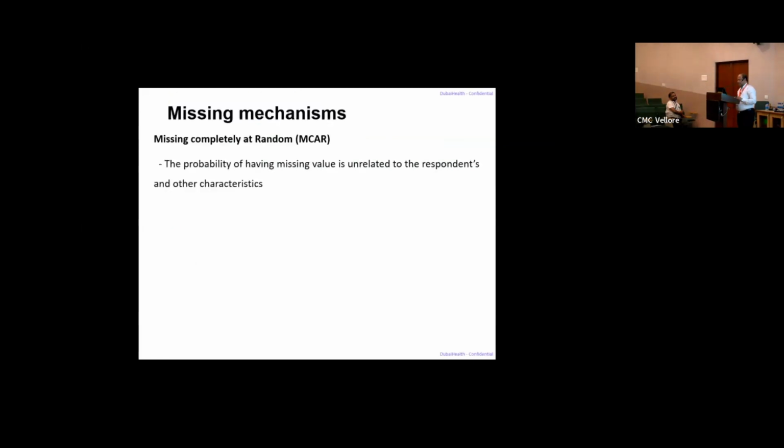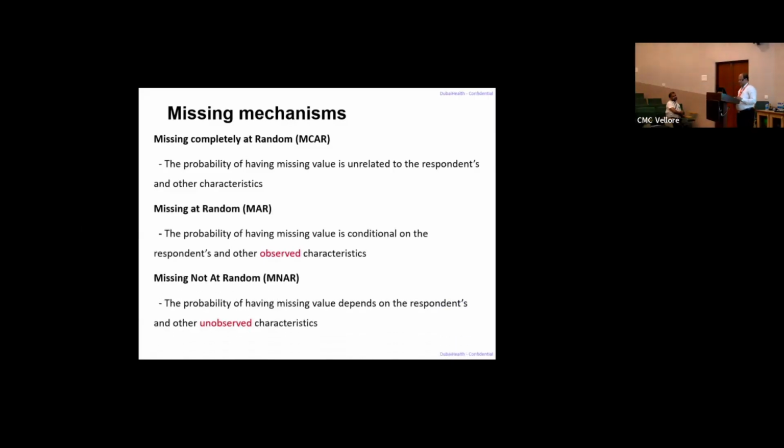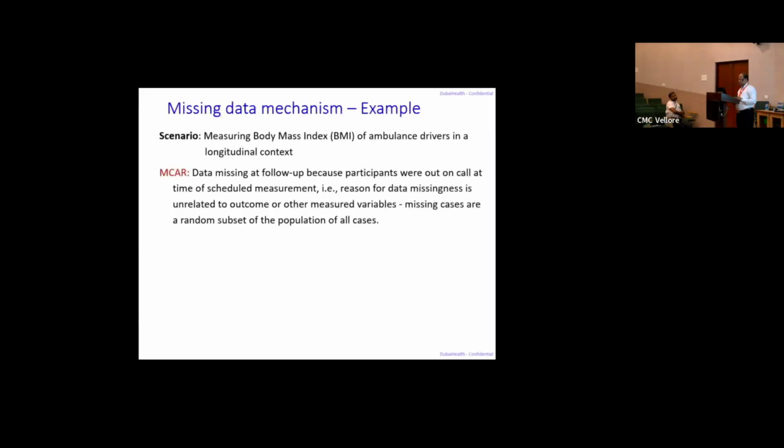This is what Kant touched on day one: missing completely at random, missing at random, and missing not at random. Let me give you some examples. Data missing at follow-up because the participants were out on call. So randomly he is not available. When you reach them, he is not available to provide information.